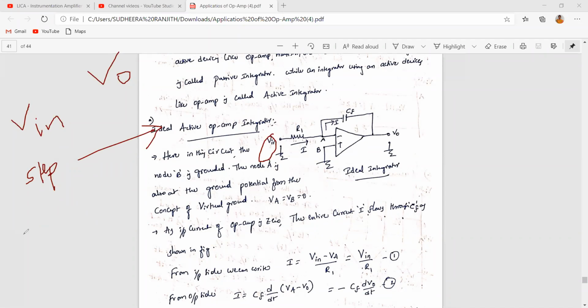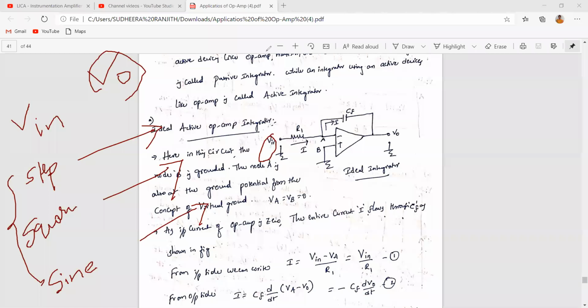Next, if we apply a square wave, what is the output waveform? If you apply a sine as Vin, what is V0 of an integrator? So V0 ఎలా వస్తాయి ఈ 3 inputs కి?